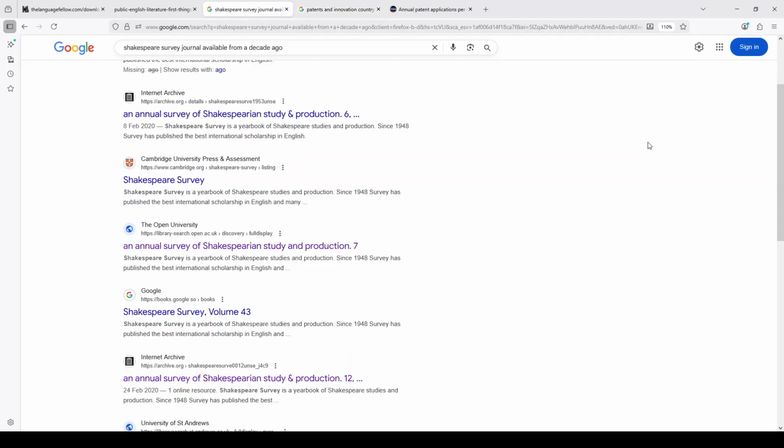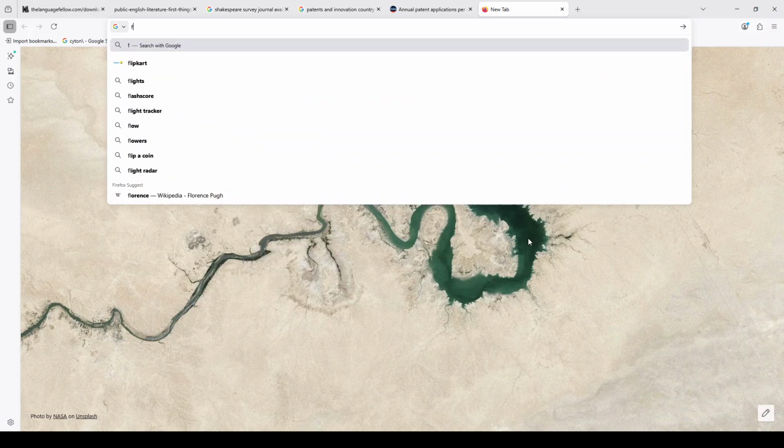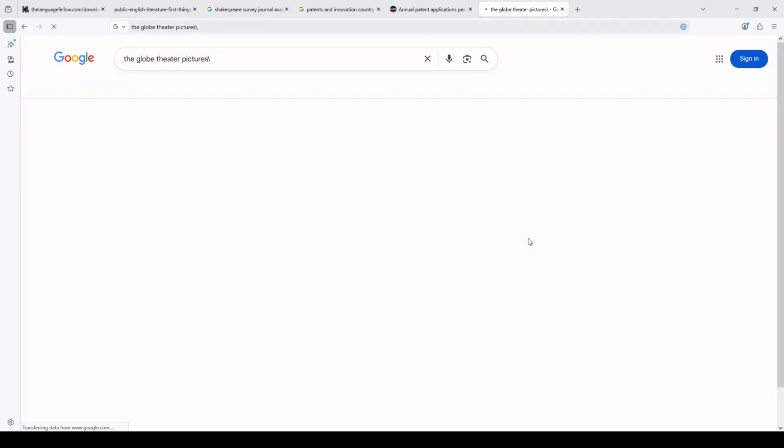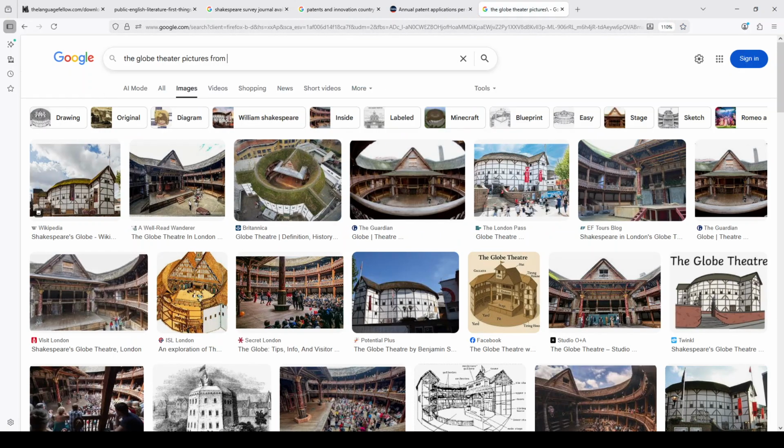This is important because you're talking about Shakespeare. Shakespeare thrived because his plays were popular, and they were for a large section of the society. You can see the construction of the Globe Theatre, pictures from older centuries.